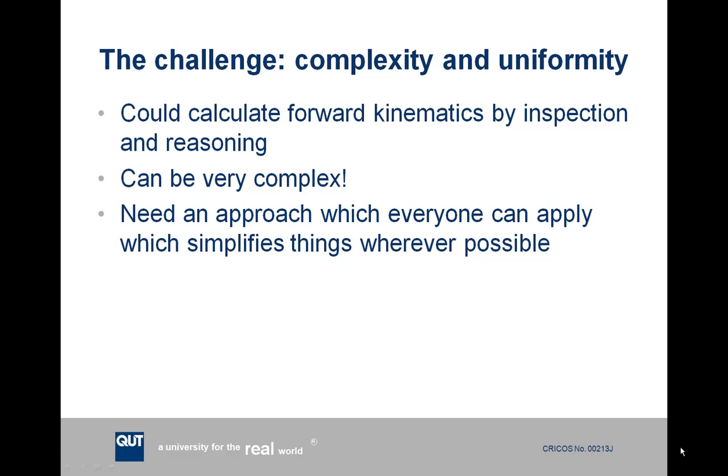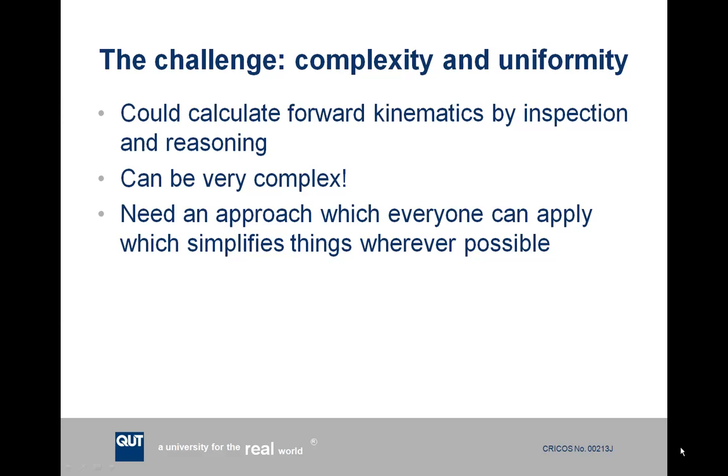So, in order to calculate the forward kinematics, so work out these transformations, you could just draw detailed 2D or 3D diagrams of your joints and links, and just use your knowledge of geometry and trigonometry to work out what the forward kinematics are.